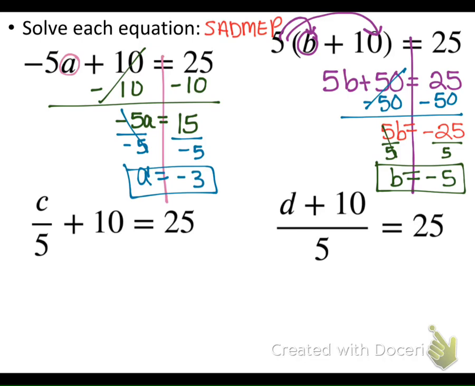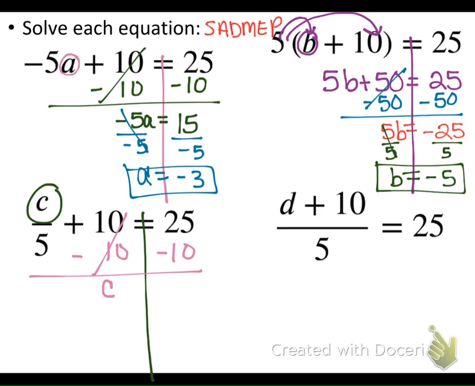All right, bottom left. I'm going to have Jair do this one. Jair, what do I do first? So you circle your variable, draw the line of equality, then you're going to minus 10 on both sides. Nice job. Then you're going to write C divided by 5 equals 15 times 5.